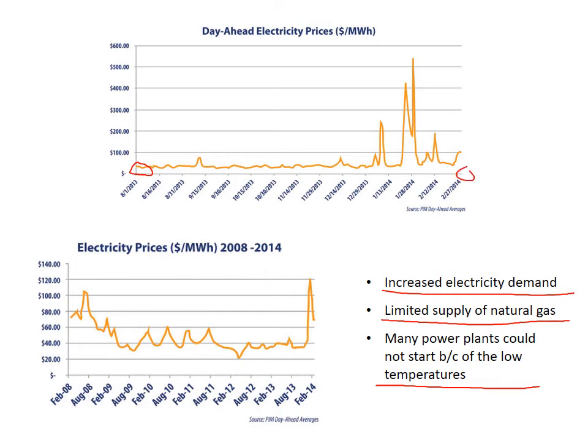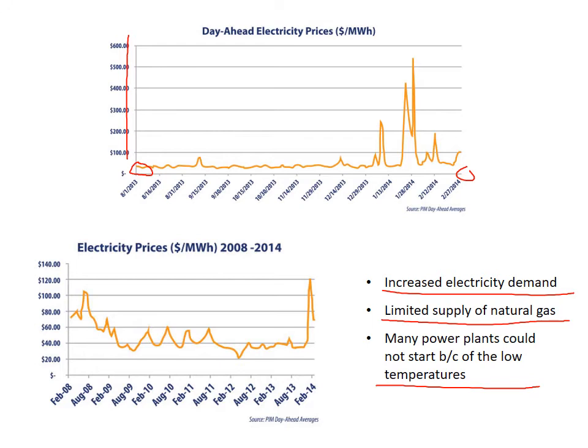And it looks like electricity prices are flat through August all the way through basically December. They're not flat. It's just that the scale here on the y-axis goes from $0 to $600. The reality is that the polar vortex just caused monumental increases in electricity prices over a relatively short period.